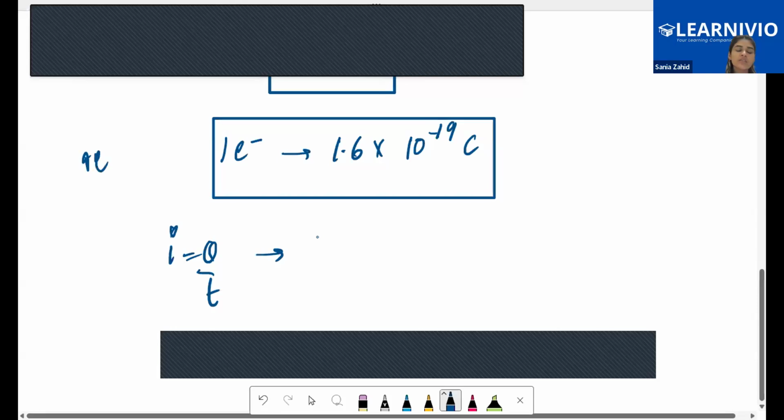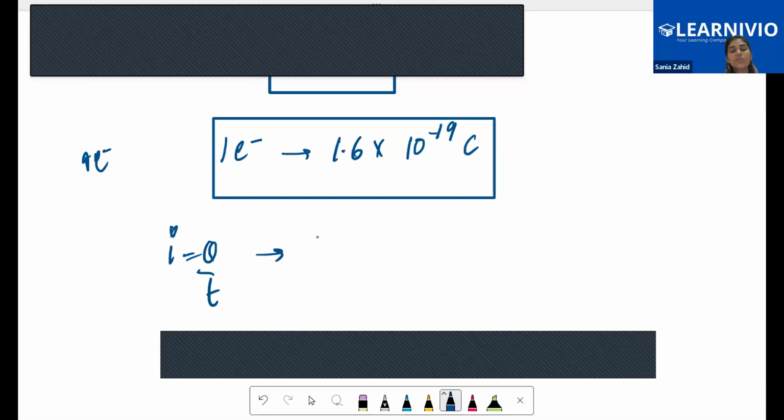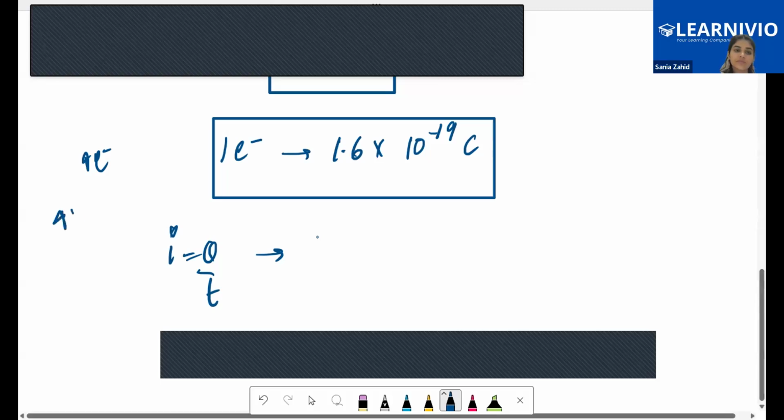On one electron, how much charge is there? One electron has 1.6 into 10 to the power minus 19 coulombs. So how much charge is there on 4 electrons? It will be into 4, right? So 4 into 1.6 into 10 to the power minus 19 coulombs. This will be the charge.